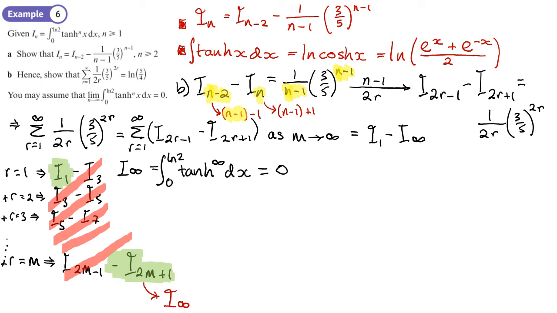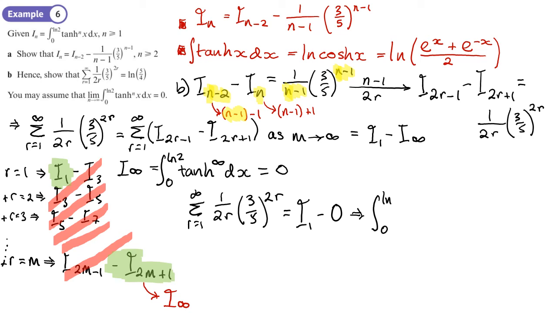So this sum that we're trying to work out from r equals 1 to infinity is going to be this I sub 1 basically minus 0, or basically just I sub 1. So what is I sub 1? Well, that's this. It's just tanh to the power 1 dx.